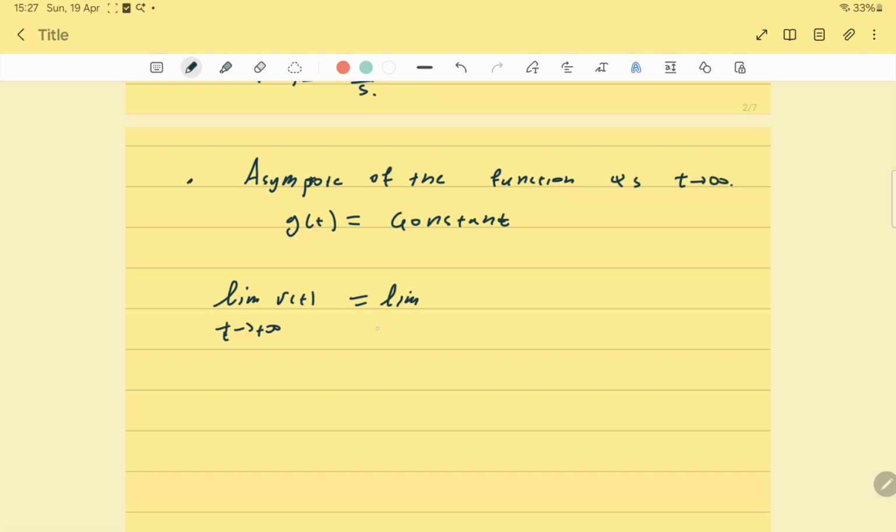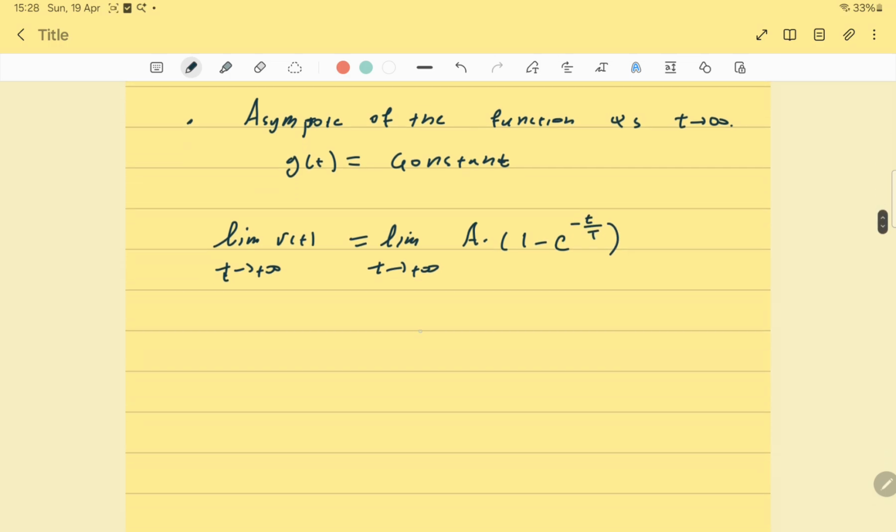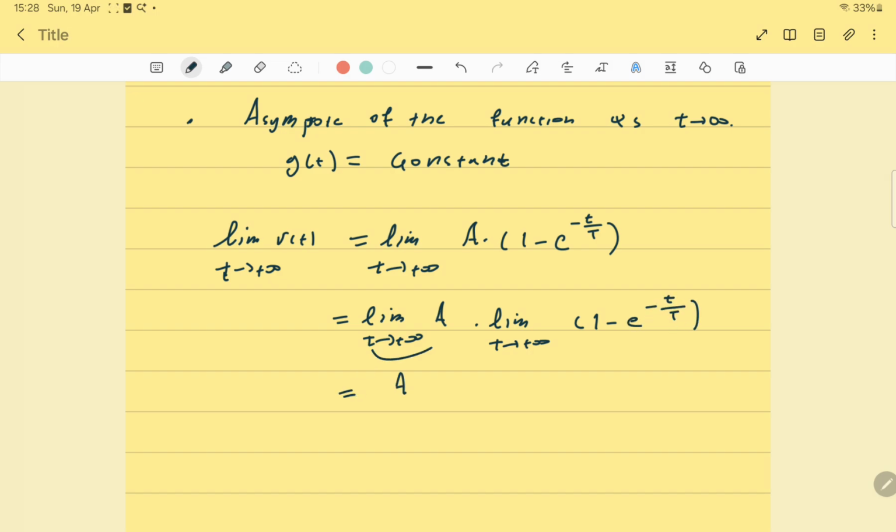That's going to be the limit as t goes to infinity of A times brackets 1 minus e to the minus small t over capital T. That's basically what we did before. The limit as t goes to infinity of A times the limit of 1 minus e to the minus small t over capital T is A, since the limit of the exponentially decaying function is 0 and the limit of 1 is 1.